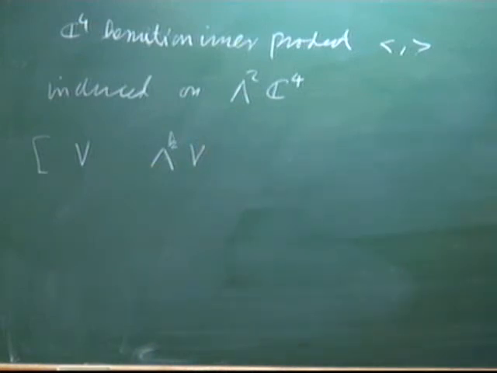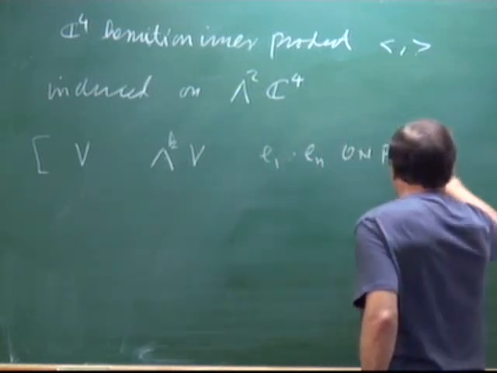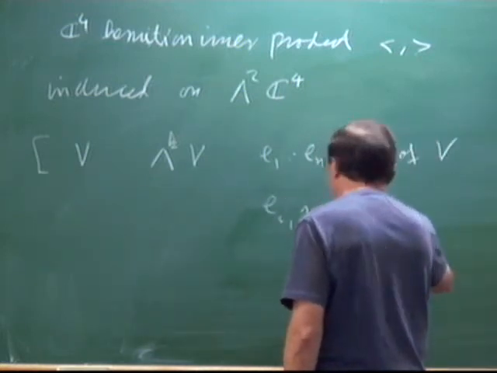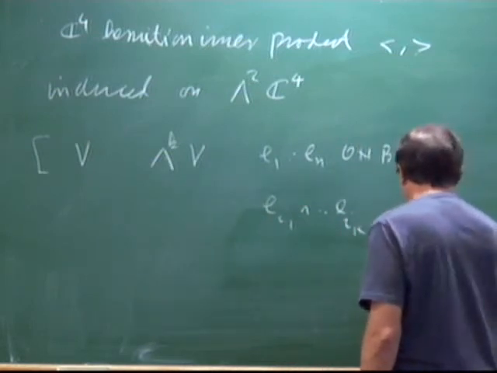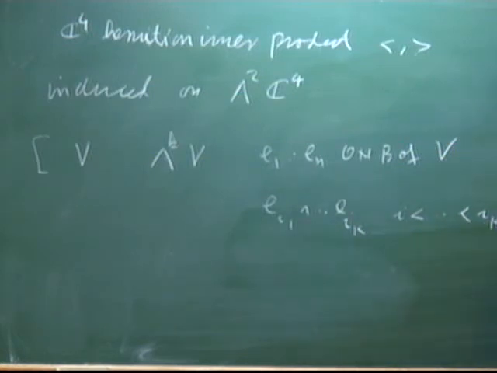Take an orthonormal basis E1 up to En of V, take the canonical basis associated to the exterior power, and declare that basis orthonormal. So E_i1 wedge up to E_ik, with i1 less than up to ik, is an orthonormal basis of lambda k V. There's another formula for computing this which is very useful.